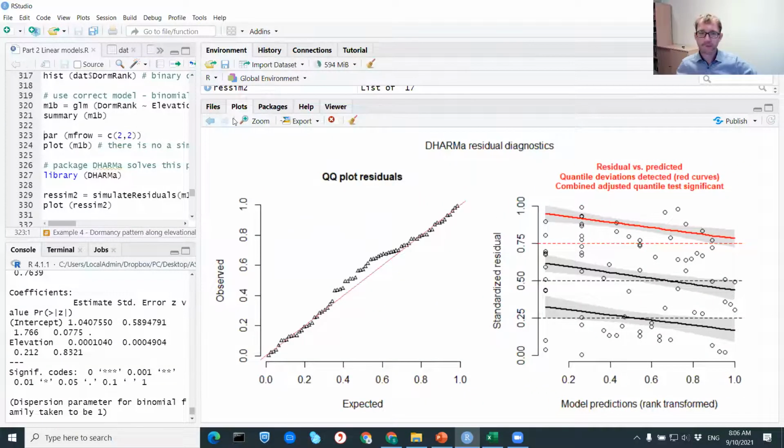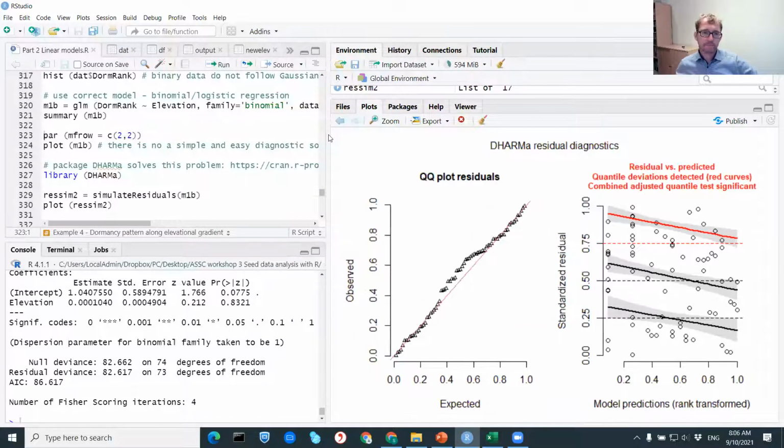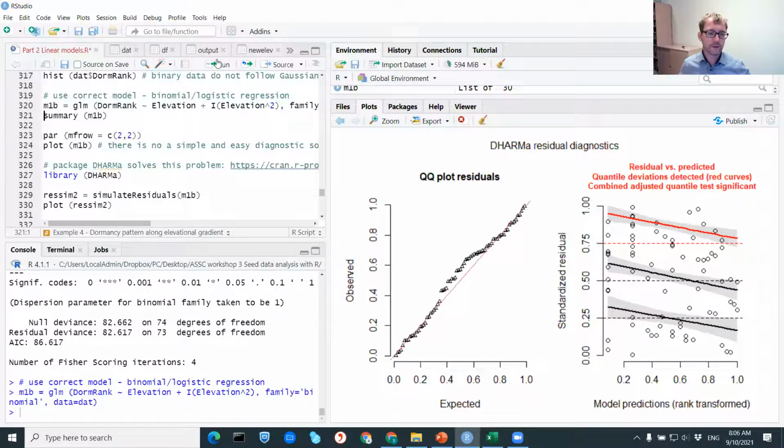Well, one option would be, and this is actually always the case, that probably you're missing a predictor which explains the variability in the dormancy. An option here would be to account for nonlinear effects by including a quadratic term.